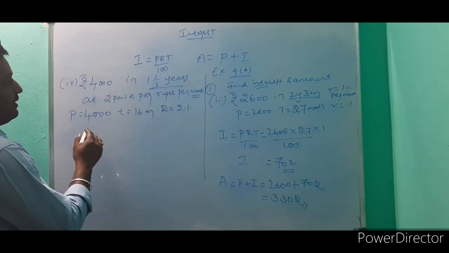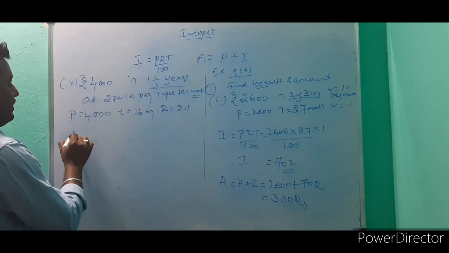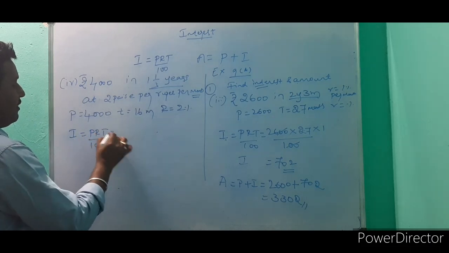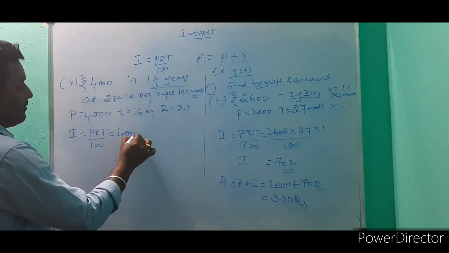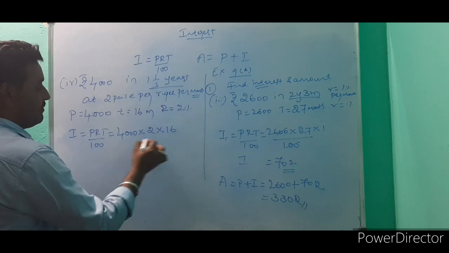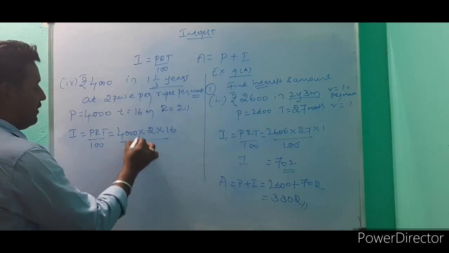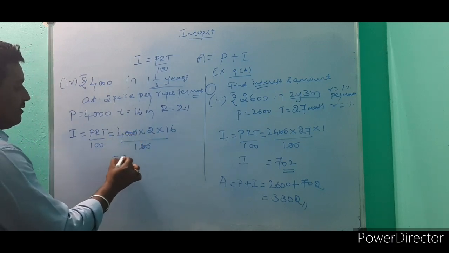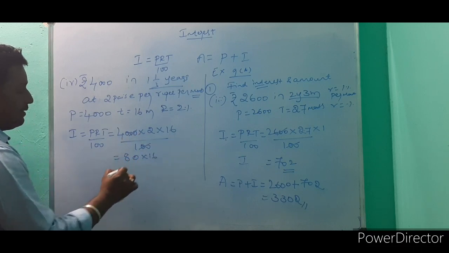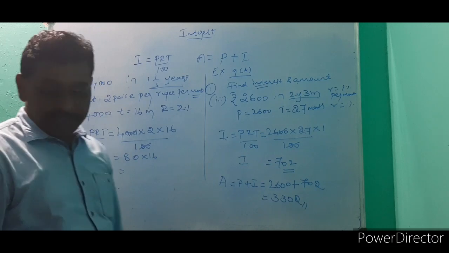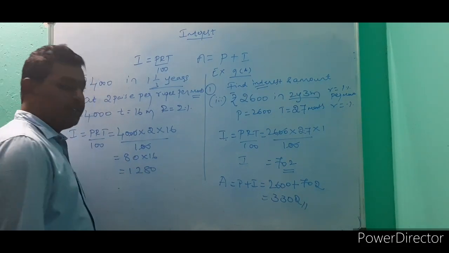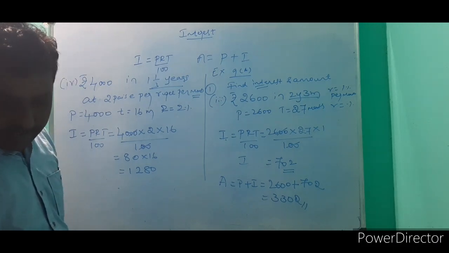Next, you have to find interest. PRT divided by 100. P value is 4000 into R value is 2 into 16 months divided by 100. 00 and 00 get cancelled. 4 twos are 8, 80 into 16, you will get 1280. 1280 is the interest.